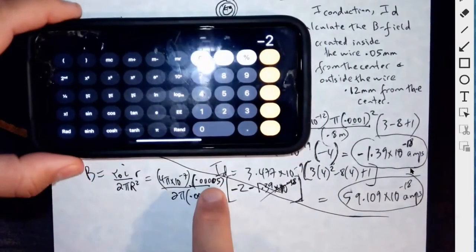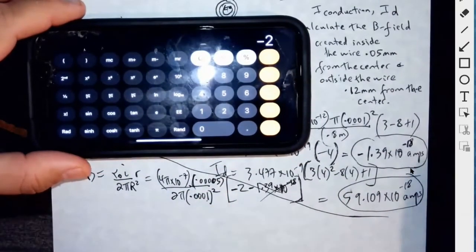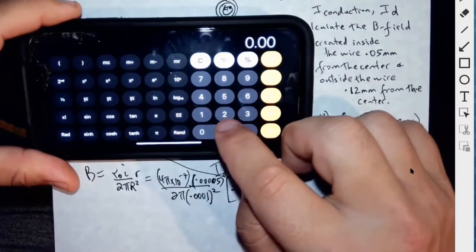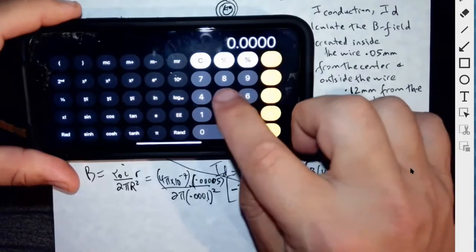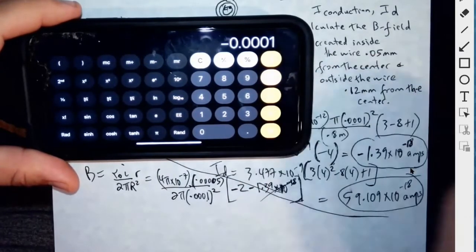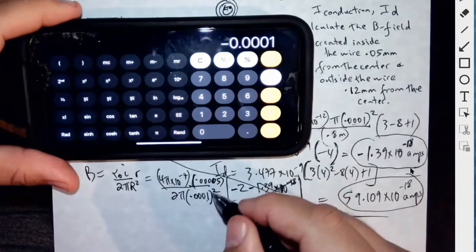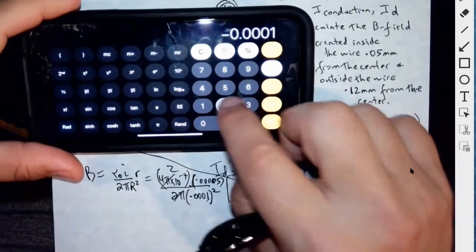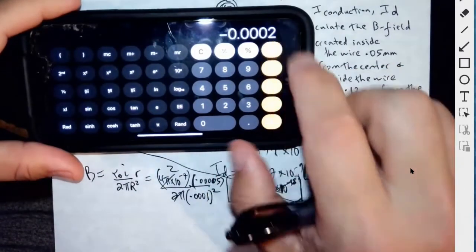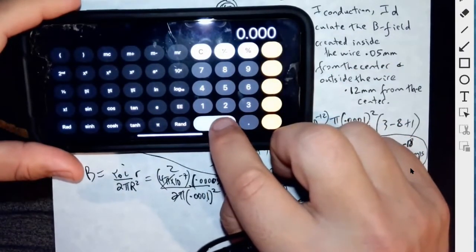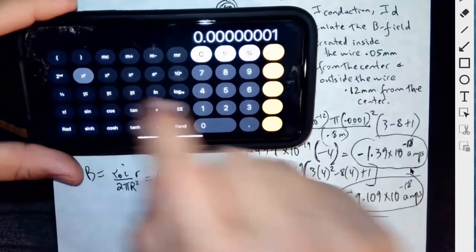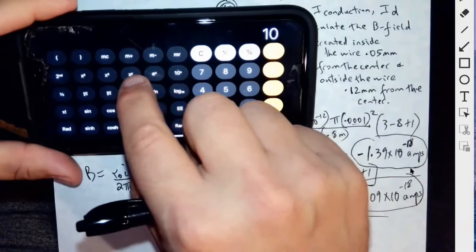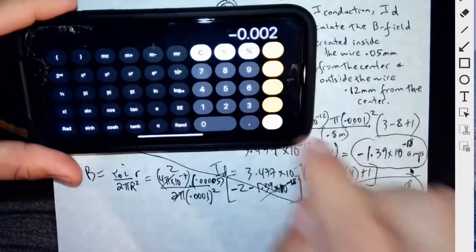Then you just multiply 0.00005 times 2 times 2, divided by 0.0001 squared, times 10 to the power negative 7.